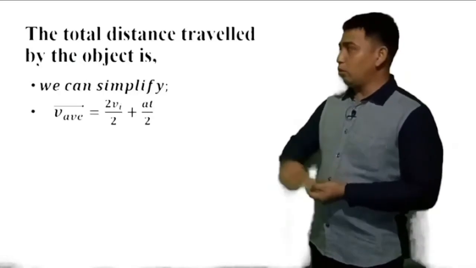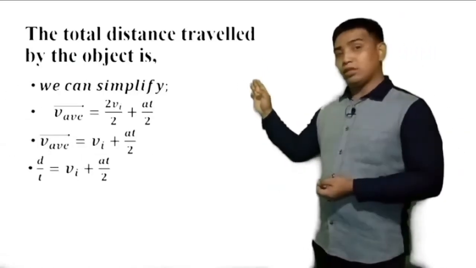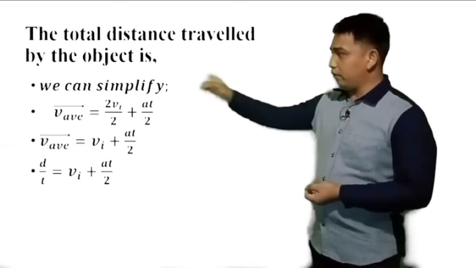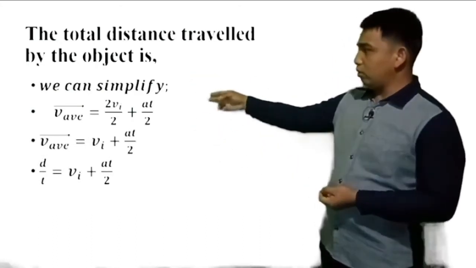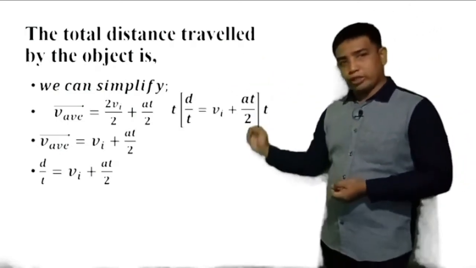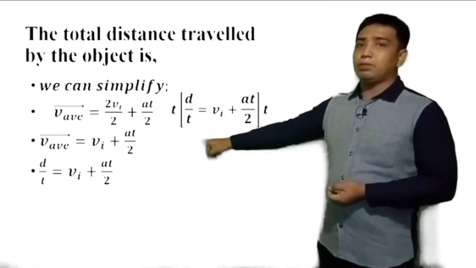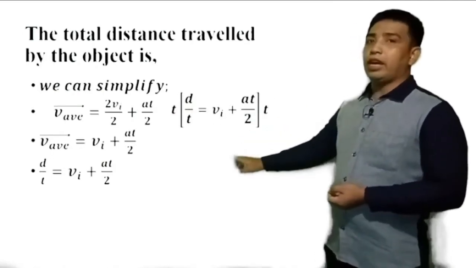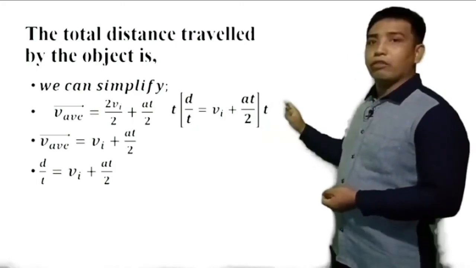And then we can substitute the concept for average velocity as displacement over time, and we equate it to the formula. Alright, so we cross multiply time to the other side, and we will get d, or displacement, is equivalent to Vi t plus a times t to the power of 2 all over 2.